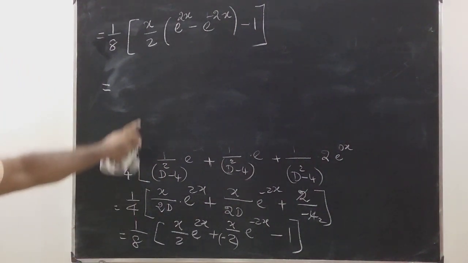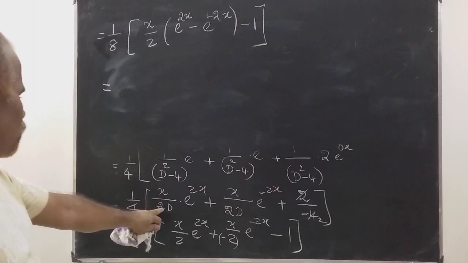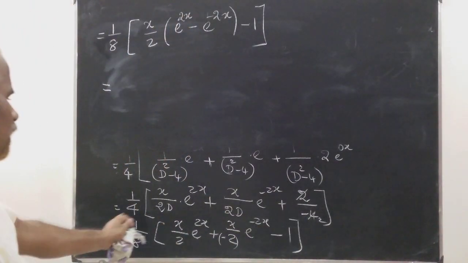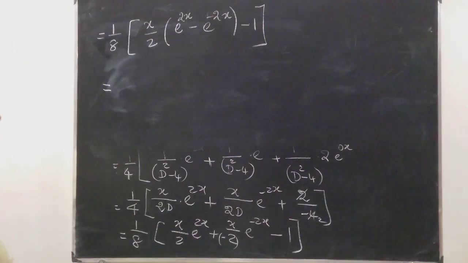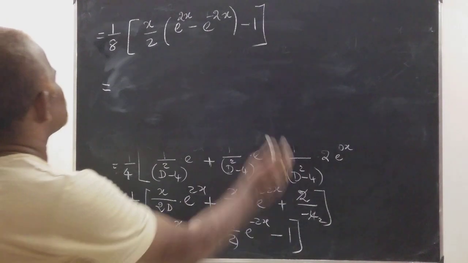So therefore this is equal to x by 8. So 1 by D squared, 1 by x by 2D. Okay, good, the 2 cancels. Here is minus 2 again replaced, minus 1 by 2 also it is right. So therefore this is minus 1.